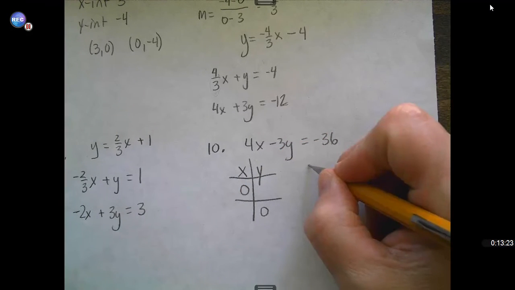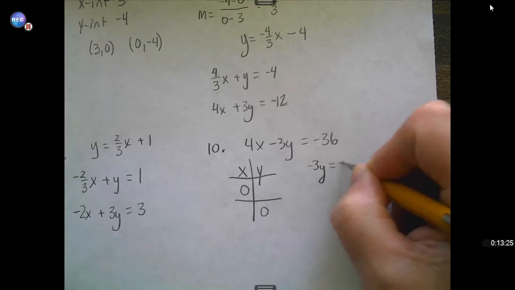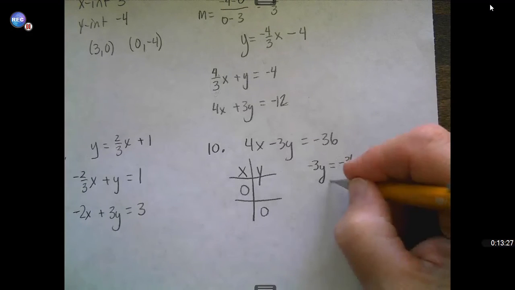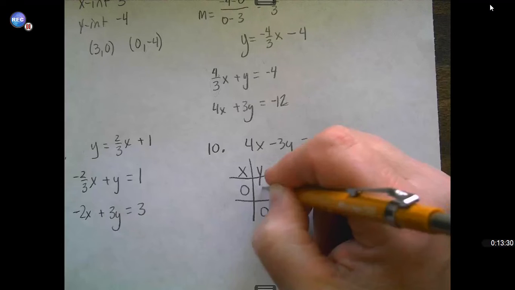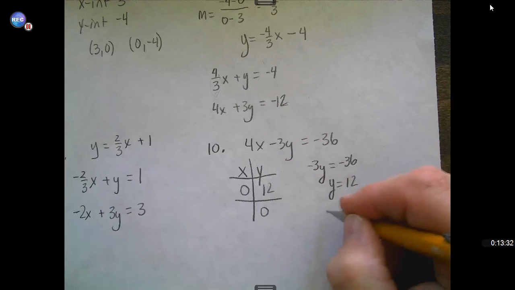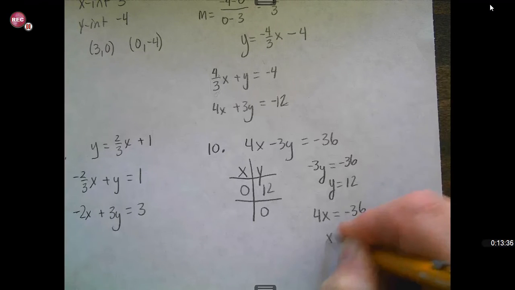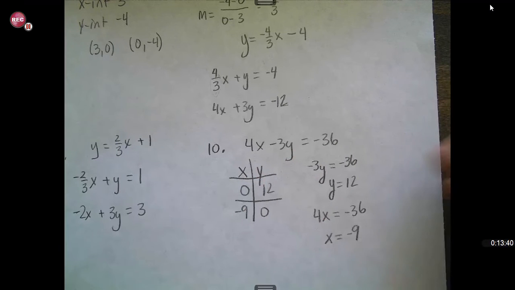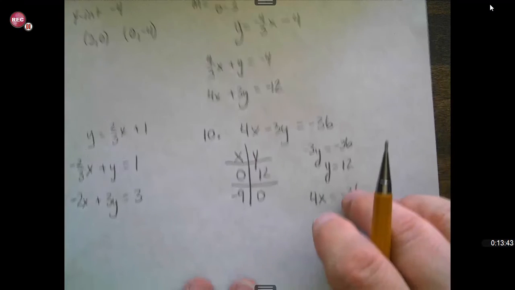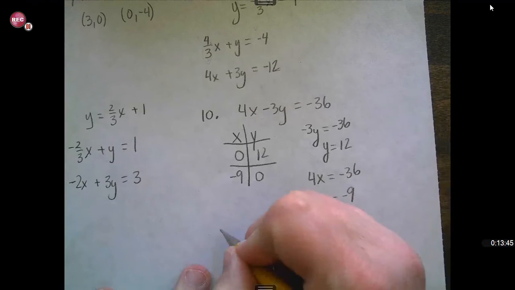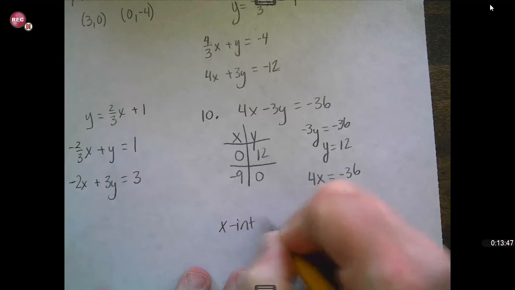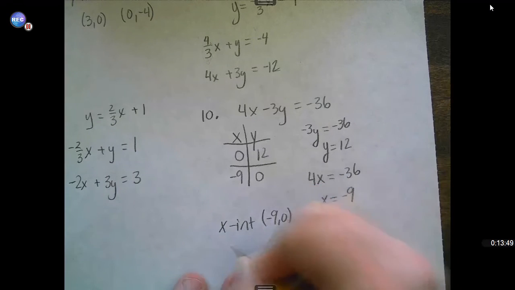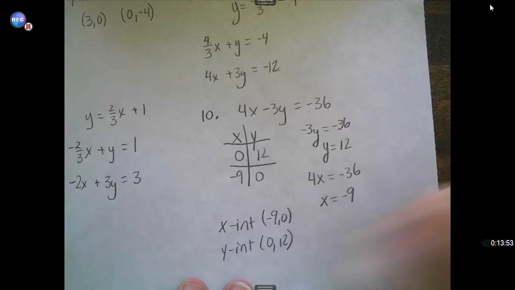If x is 0, I get -3y equals -36. So y is 12. And if I make y 0, I get 4x equals -36. So x is -9. And it's not sufficient to just leave that as your answer. You need to tell me that the x-intercept is (-9, 0), and the y-intercept is (0, 12). Okay.